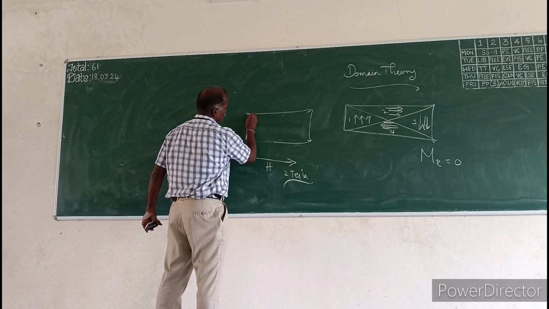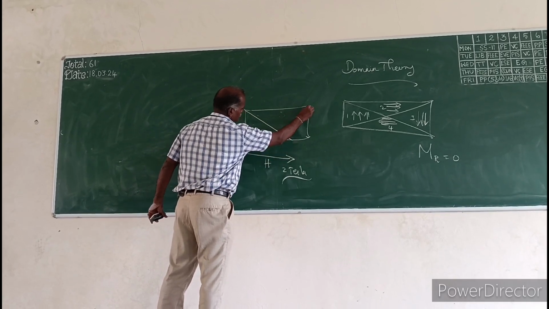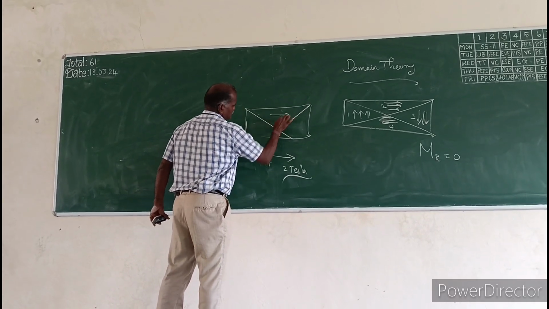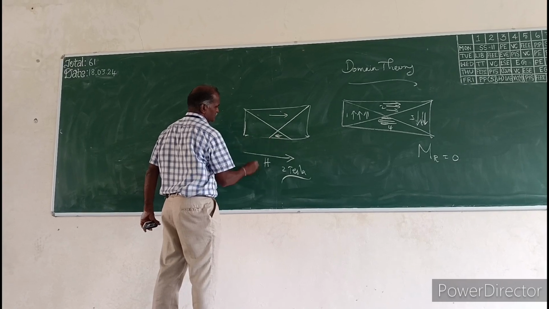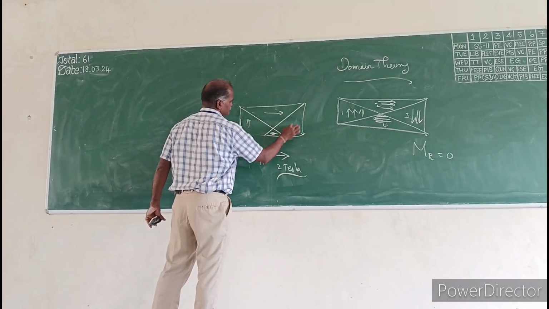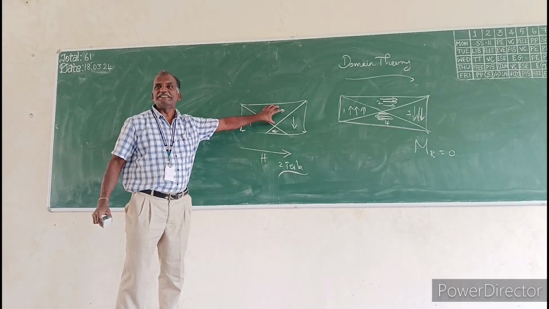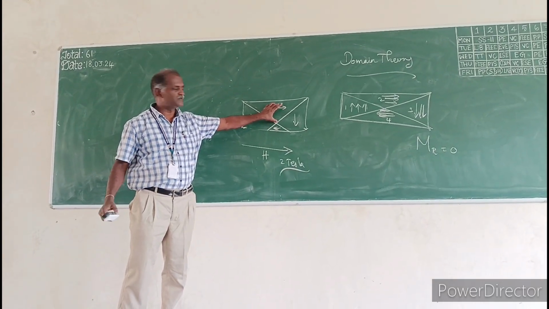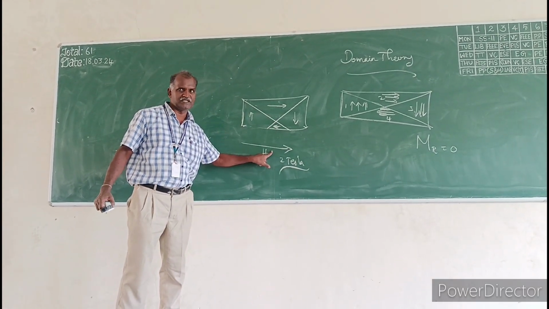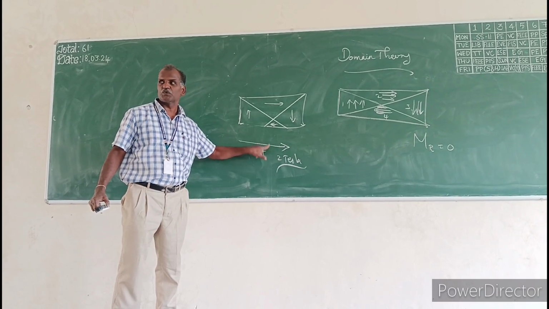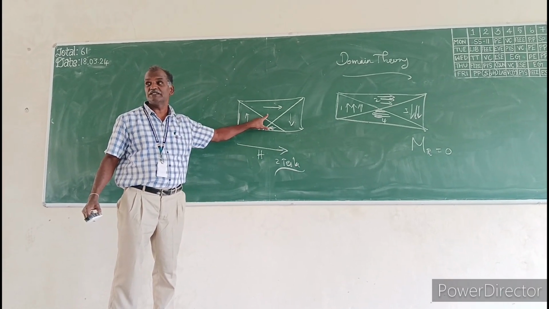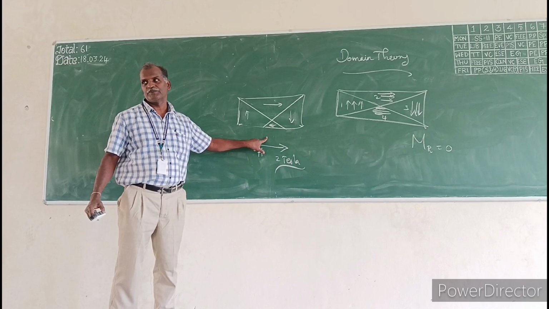This is parallel. This is opposite. That domain increases its area by capturing the domain opposite to the external field direction. So the domain wall movement is like that.